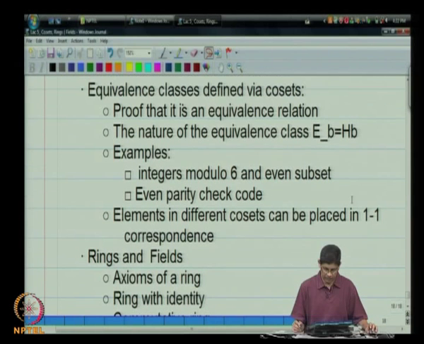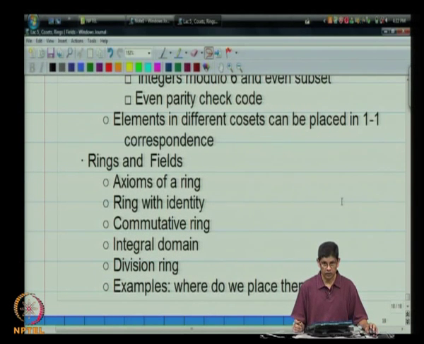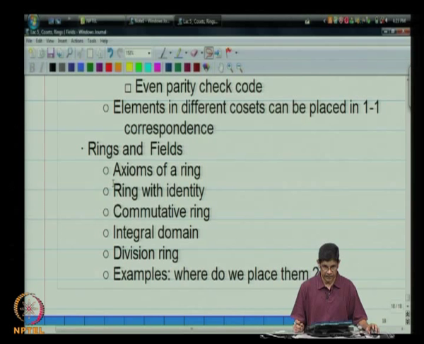With that we were done with groups and subgroups and equivalence relations, and then we moved on to talking about another algebraic structure, namely rings, and we laid out what the axioms of a ring were. We looked at ring with identity, commutative ring, integral domain, division ring.